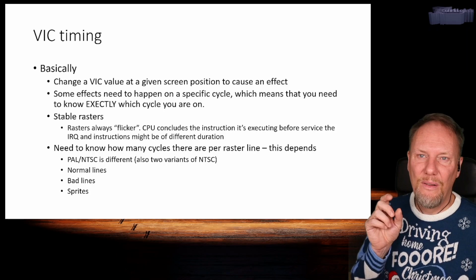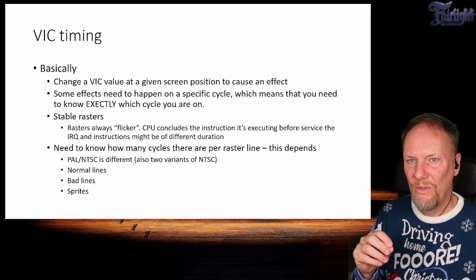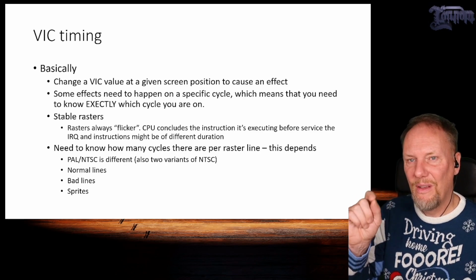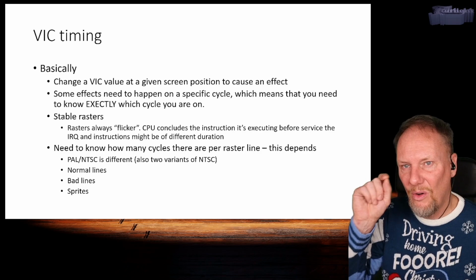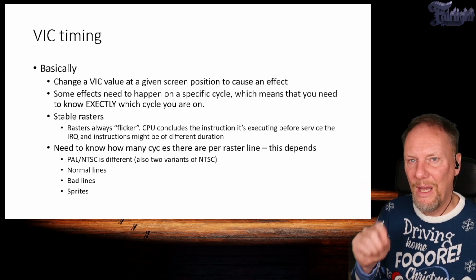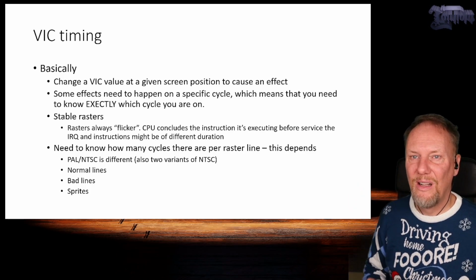So whatever you need to do, if you're going to have one of those routines that's built on poking a specific value at a specific point on the screen, you need to have a stable raster. So you first need to have a mechanism to get to know exactly which cycle you're on.